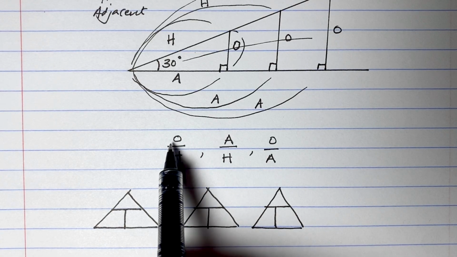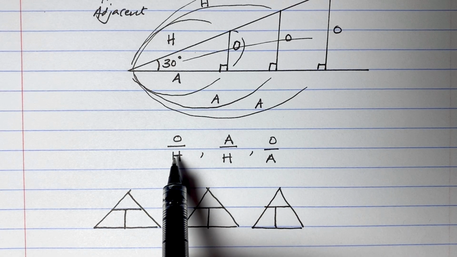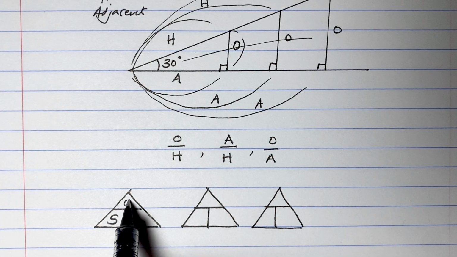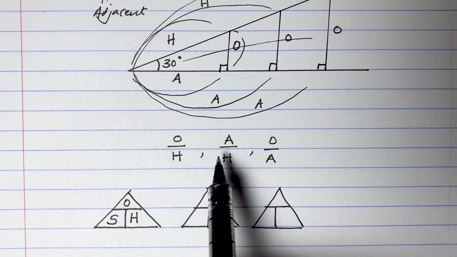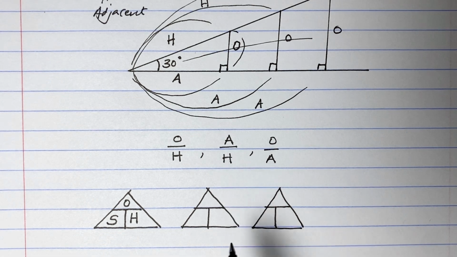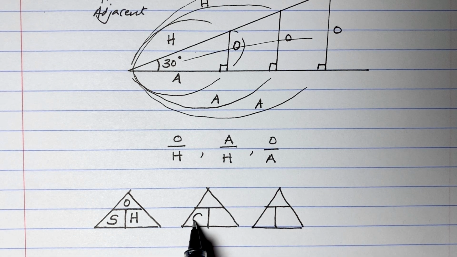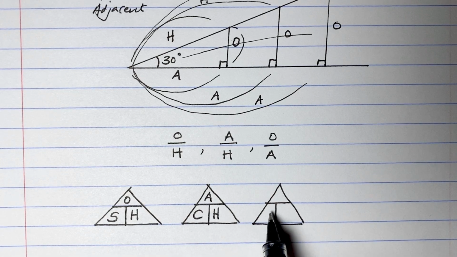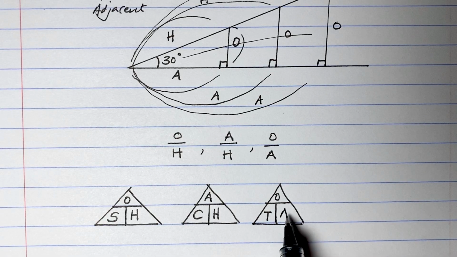The sine of the angle is opposite over hypotenuse. So S for the sine, O for opposite, H for hypotenuse. The cos, or cosinus, of the angle is adjacent over hypotenuse. So C for cos, A for adjacent, and H for hypotenuse. And T, which is the tangent, is opposite over adjacent.